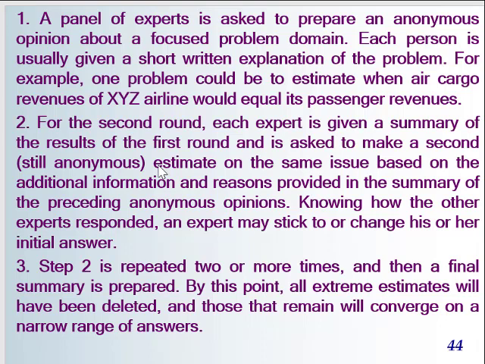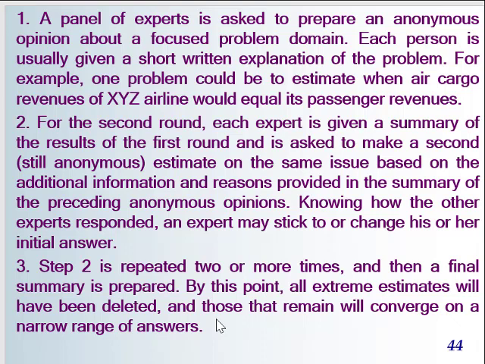We get the responses, we give them back to the experts. After they see them, they may change and give the result, and this result is again given to the experts two or three times. We repeat this cycle, and in the meantime all the extreme estimates will have been deleted, and those that remain will converge on a narrow range of answers. So this way we converge to the solution, right?